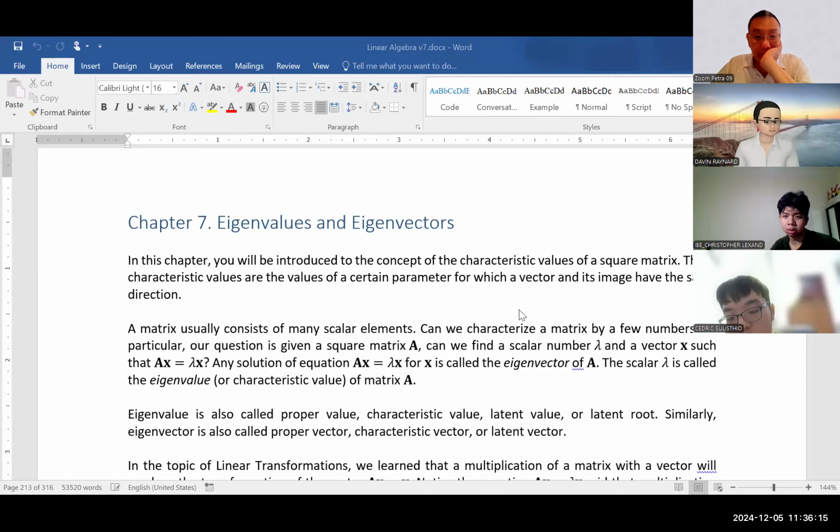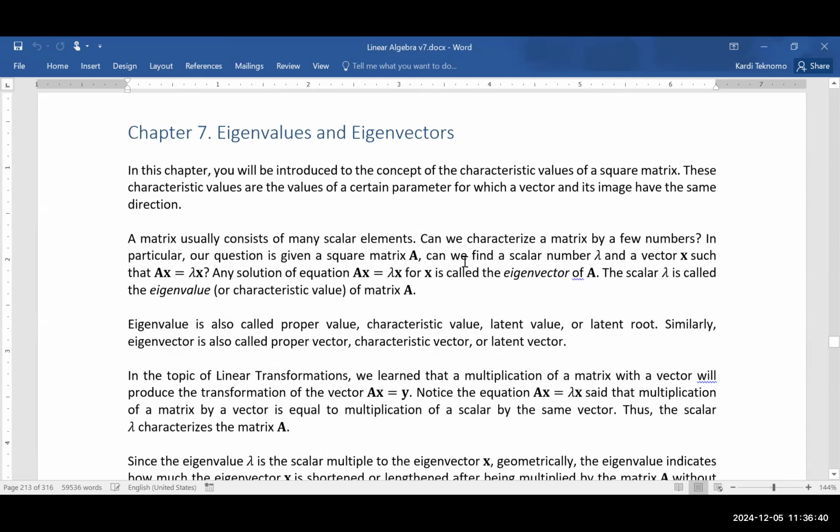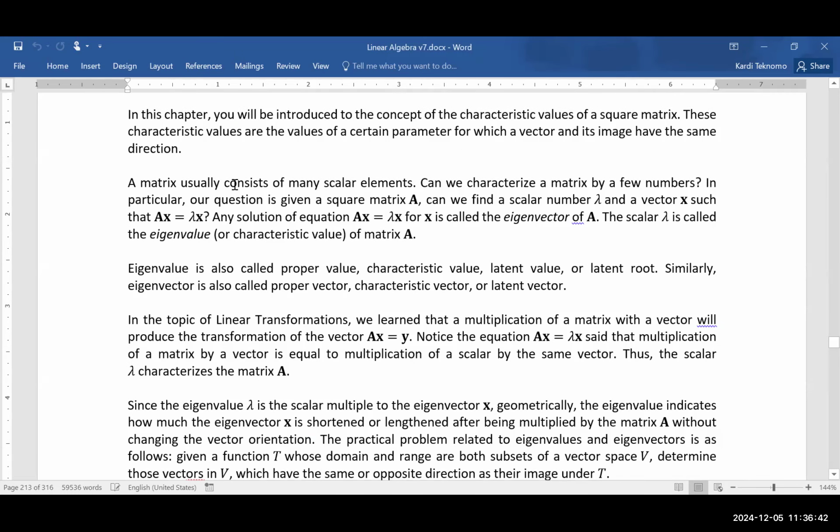Okay, so we are introducing the characteristic of square matrix. A matrix usually consists of many scalar elements, right? The question is, can we characterize a matrix by a few numbers? If you have a square matrix A, can you find a scalar lambda and a vector x so that this equation is satisfied?